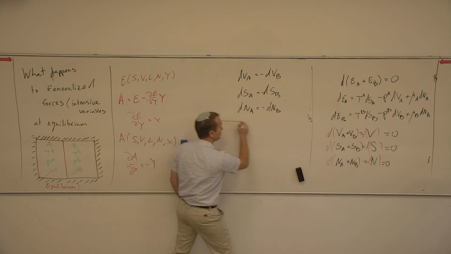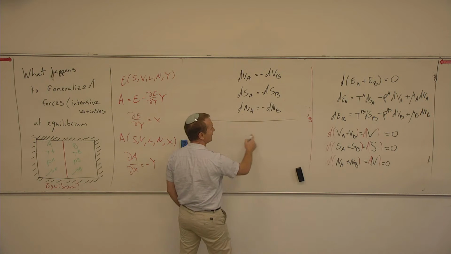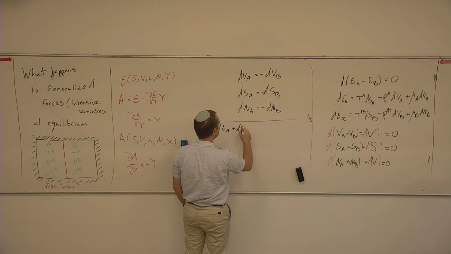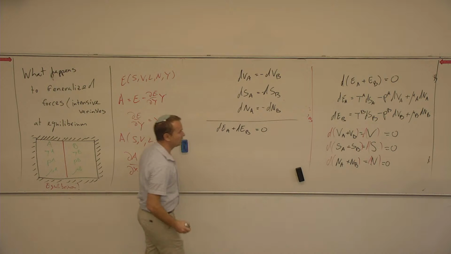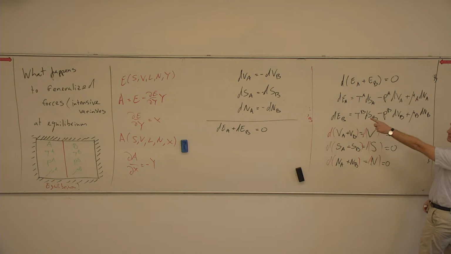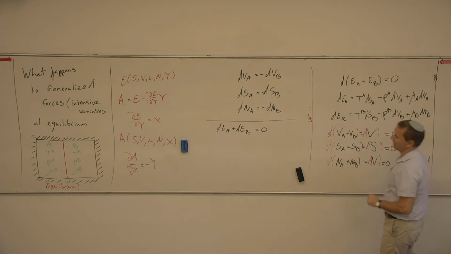Okay. So let's introduce everything inside. So we have dEA plus dEB equals 0. Now instead of dSB, I'm writing minus dSA. Instead of dVB, I'm writing minus dVA. Instead of dNB, I'm writing minus dNA.